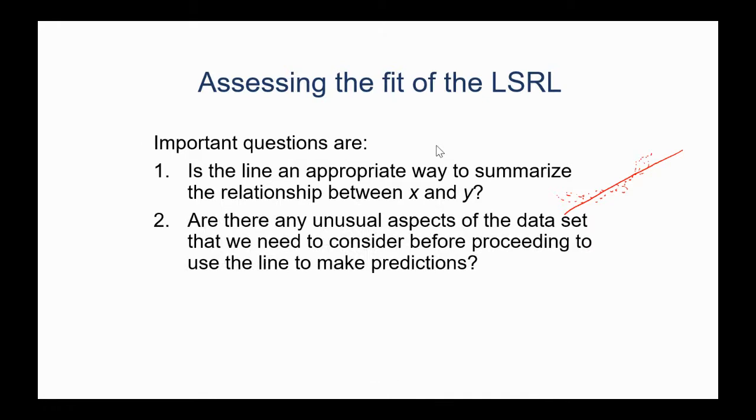Second question. Are there any unusual aspects about the data set that we need to consider before proceeding to use the line to make predictions? So if I have all these points down here, maybe going like this, and then I have a point down there, what's this point going to do to the line?